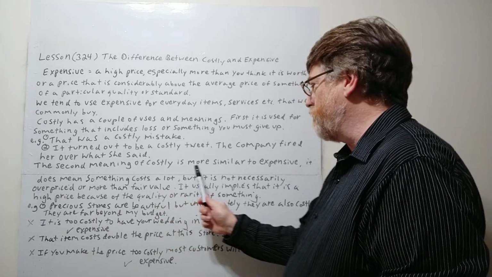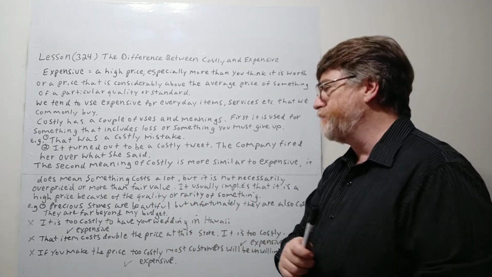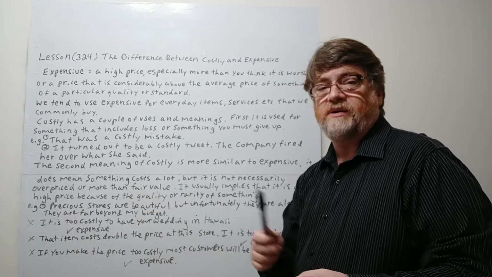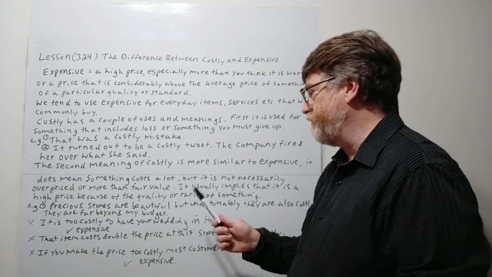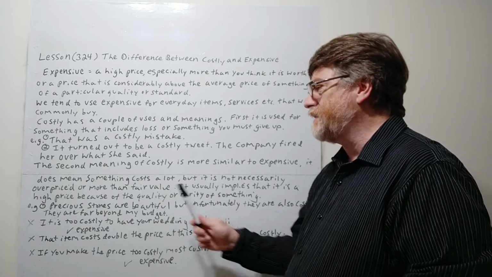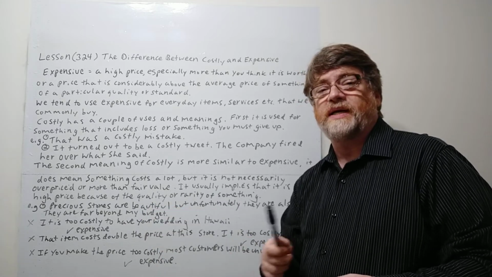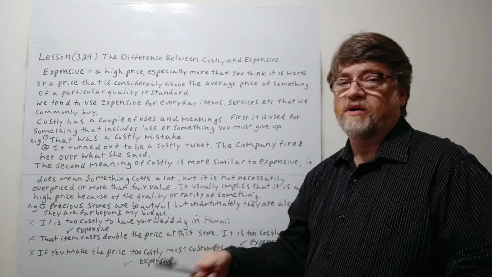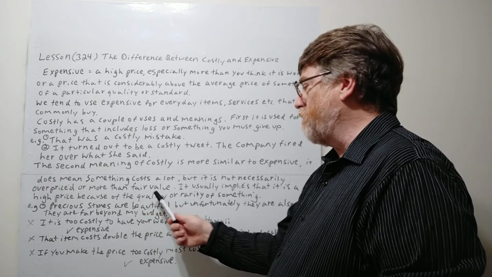The second meaning of costly is more similar to expensive. It does mean something costs a lot. So here's where there could be a little more confusion. But it is not necessarily overpriced. Just like I said before, we tend to use costly for things that always cost a lot of money, or more than fair value.